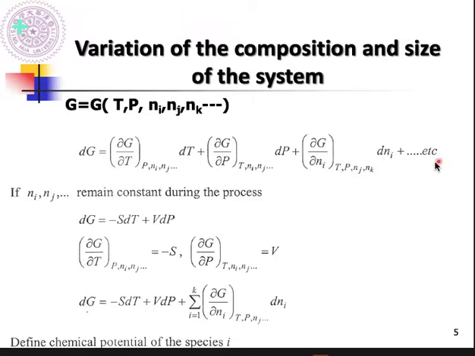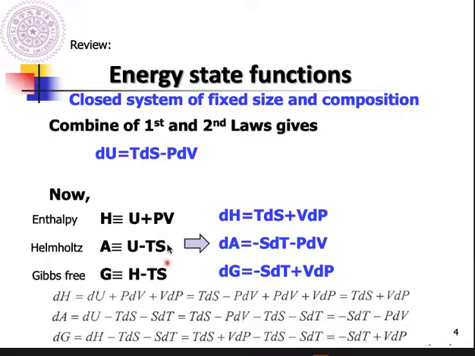And as we know, if Ni, Nj remain constant during the process, then you get dG equals minus S dT plus V dP. This is the one you derived from these slides.